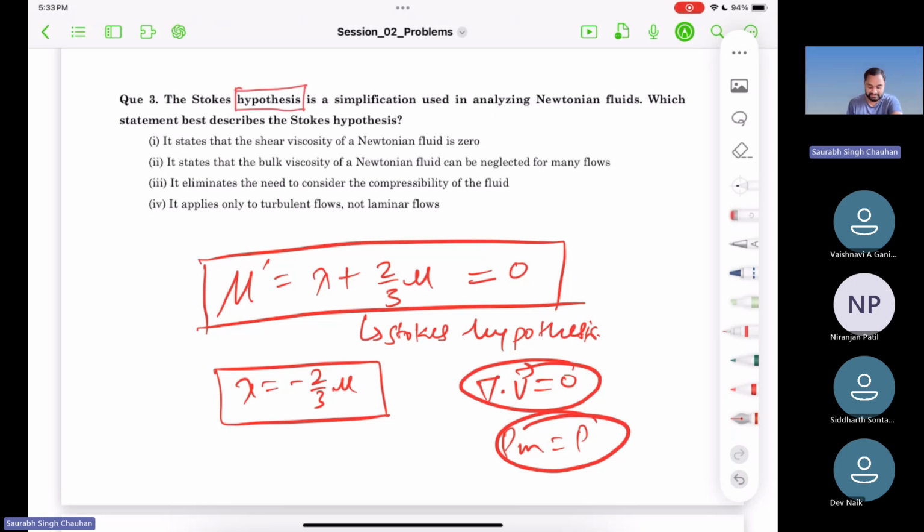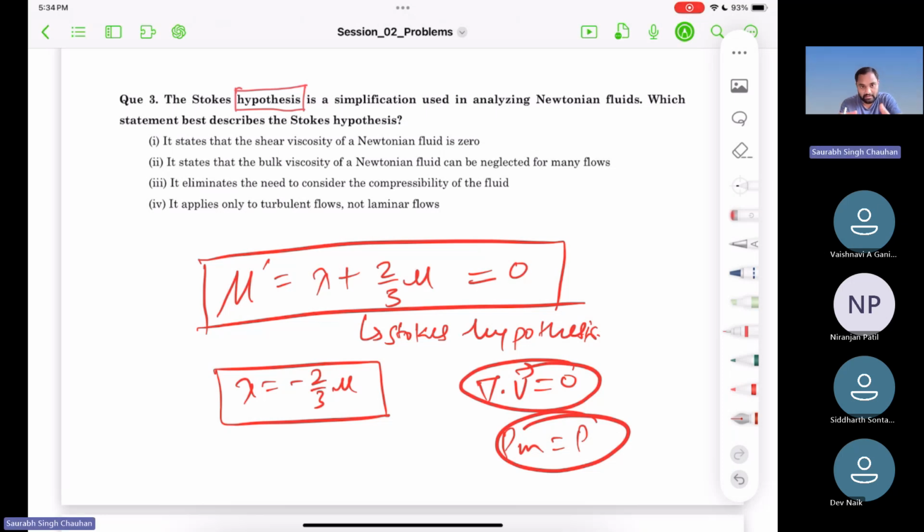Hypothesis means that there can be some fluids for which this hypothesis may not be valid, if the changes in the flows are very fast and the relaxation time required is not met.